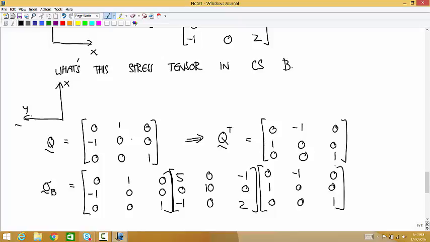And if you plug that in, the numbers you get out will be the re-expressed stress tensor in the new coordinate system. So I'll go through that calculation, and then we'll think about why it makes sense next time. Okay. Any questions about that?